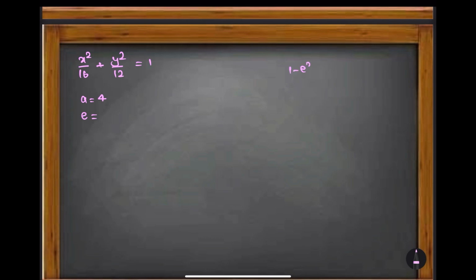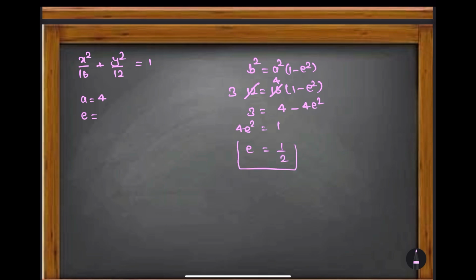B square equals A square into 1 minus E square. A is bigger, so A square will go inside and B square will be outside. So 12 equals 16 times 1 minus E square, so 3 and 4, 4 E square. So 4 times E square will be equal to 1. So E will be equal to 1 by 2. It will always be positive because it is a ratio.